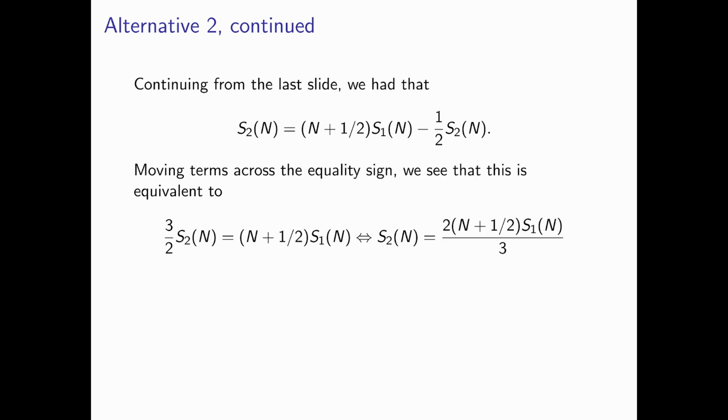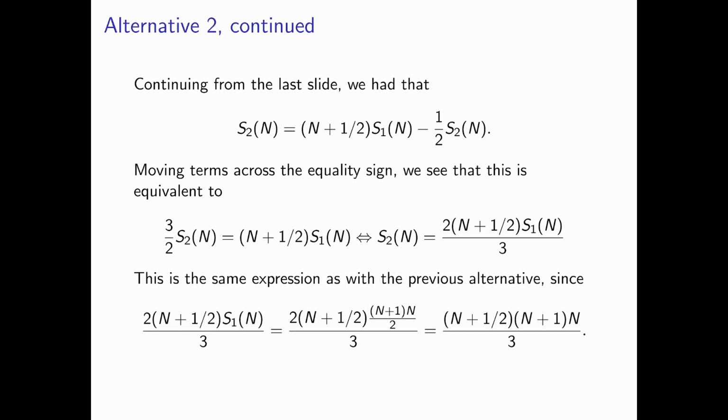And if I divide by 3 over 2, I get that s sub 2 of n is equal to 2 times n plus 1/2 times s sub 1 of n all over 3. And this is indeed the same expression as I had before, because I have the formula for s sub 1 of n, and I can rewrite that as n plus 1 times n divided by 2. And then we see at the end of the day, we get the exact same expression for s sub 2 of n that we had before.